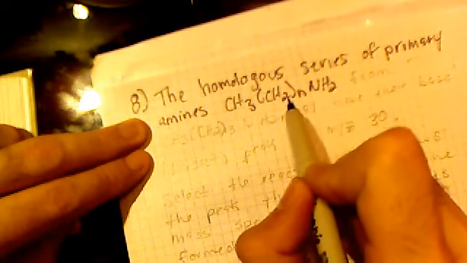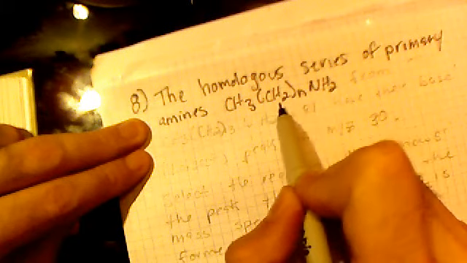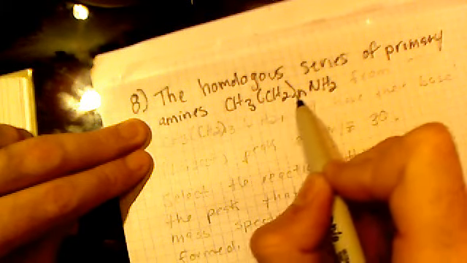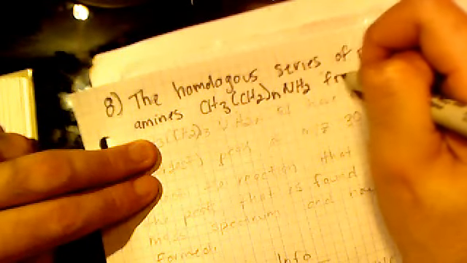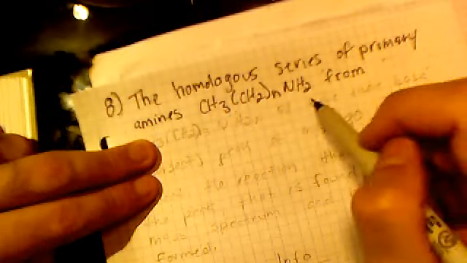So the homologous series, I guess, is this part right here where it's just a chain of CH2s. It's a chain. I'll look up homologous after I'm done with this.